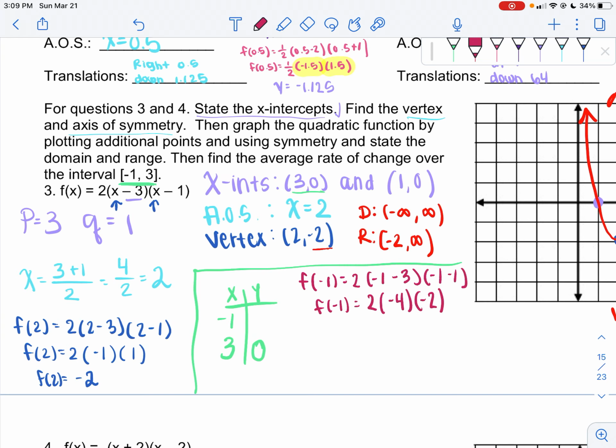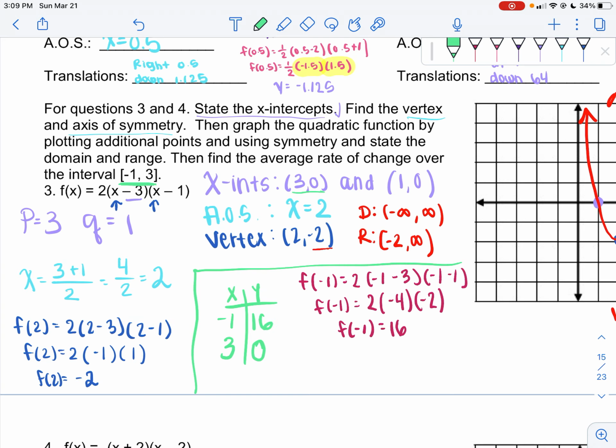And since we aren't dealing with the vertex here, those parentheses do not have to be the same. So we're going to take 2 times -4 times -2. We have a negative times a negative, so we should have a positive, and it is positive 16. And I'm going to fill that in my table.